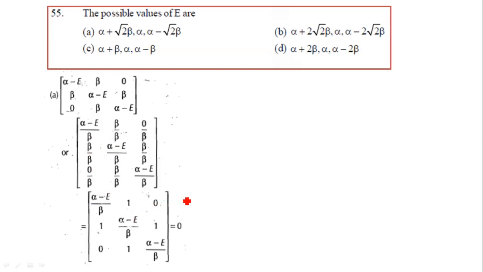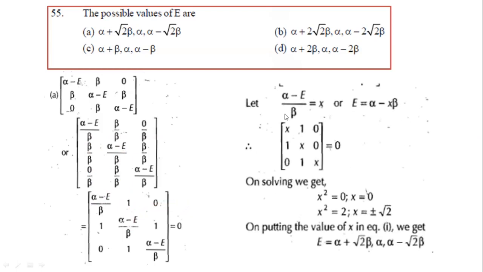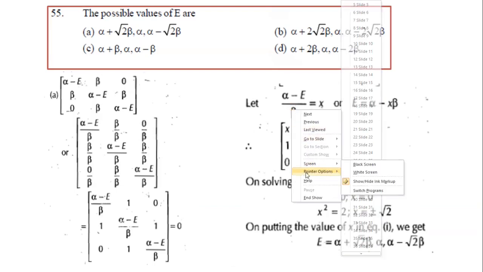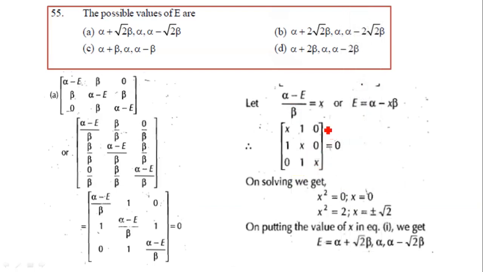You will get this determinant, and again let alpha minus E by beta, you keep it as X. Substituting the value, you will get this determinant, x 1 0, 1 x 1, 0 1 x equal to 0. Now you solve this equation, x equal to 0, x square equal to 2, x equal to plus or minus root 2.